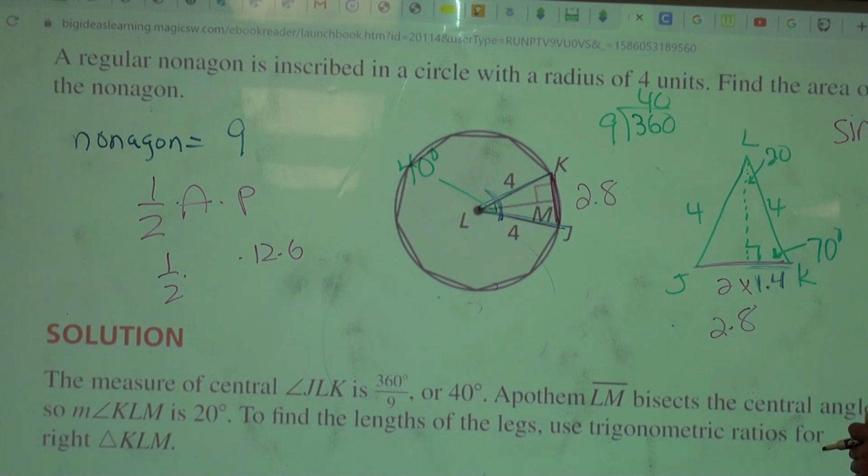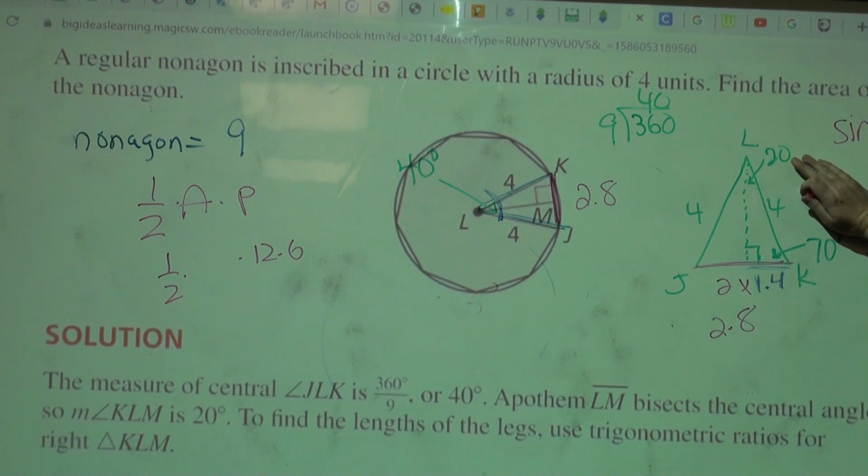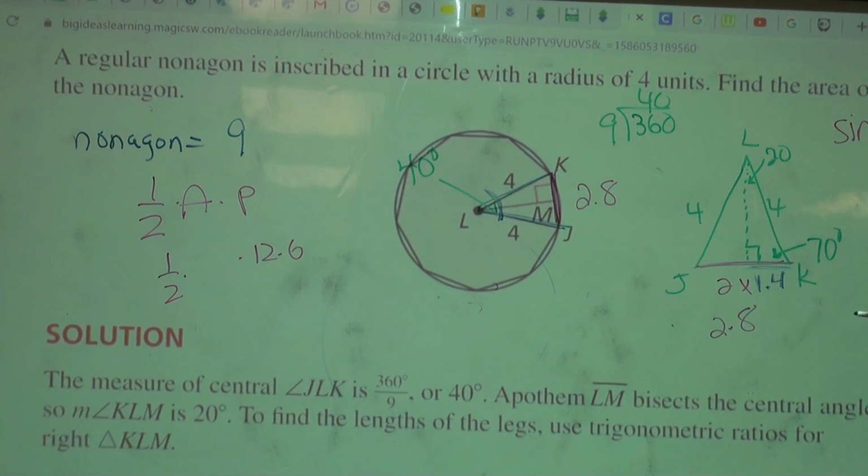Okay, and again we got to go back to trigonometry. If I have 20 degrees here, the cosine of 20 degrees equals adjacent, which is my apothem, over hypotenuse, which is 4. So I take the cosine of 20 times 4, and I get my apothem of 3.8.